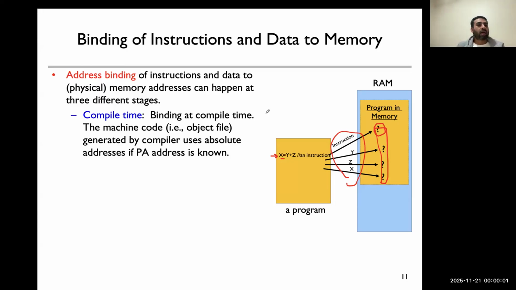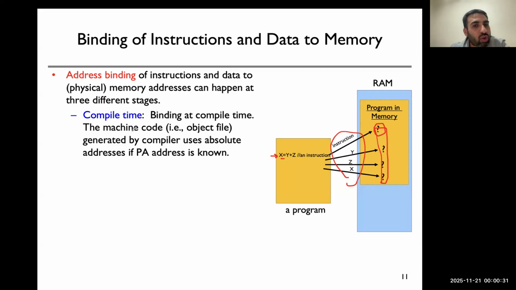One possibility is that address binding happens at compile time, which basically means that once you have compiled your source code into the object file, the absolute physical addresses are used in the object file. The physical addresses mean the exact location in memory where your instructions or data reside.